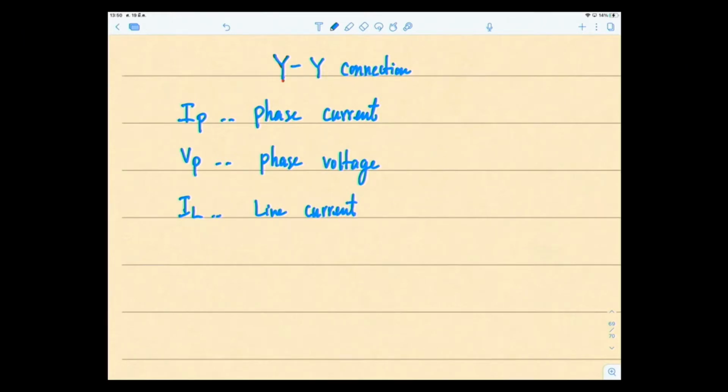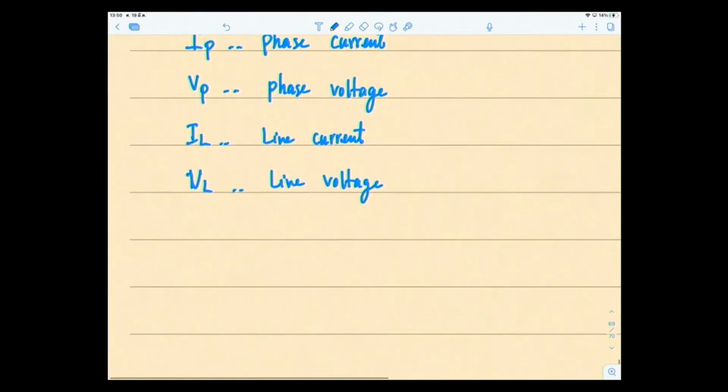It's the current running in the line, linking the source and the load. And another one is, of course, V line, the line voltage. So it's a voltage between the lines of the three phase.